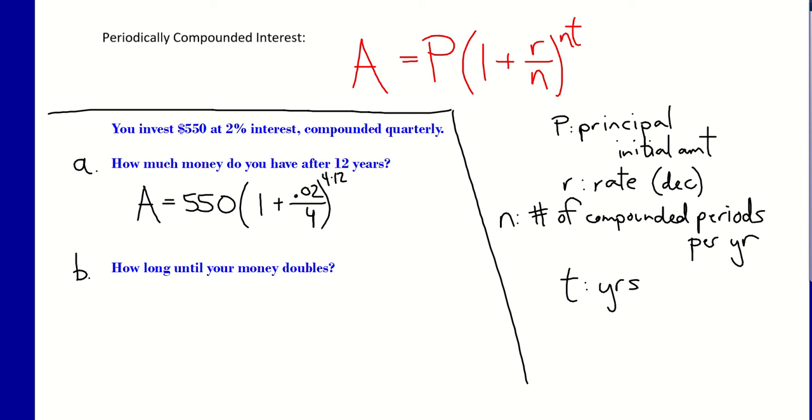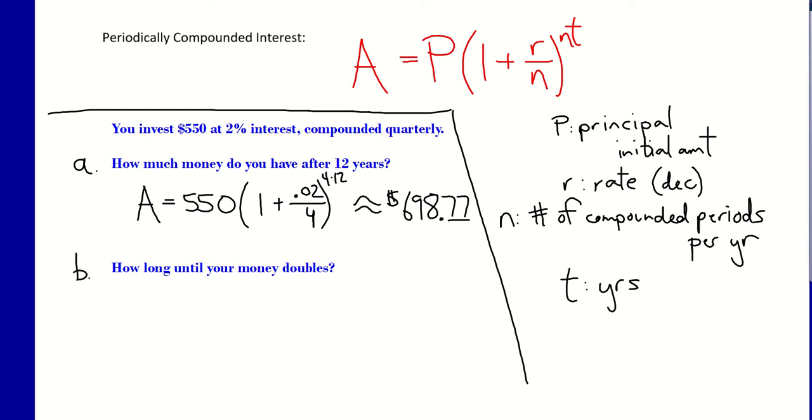So that would be to the 48th power if I multiply those. And then from there, I would go ahead and just type that in my calculator. And once I type that into my calculator, I get that I would have approximately $698.77, which is not bad, right?